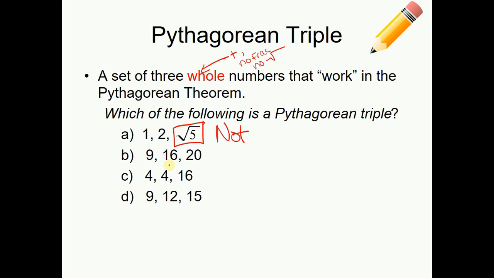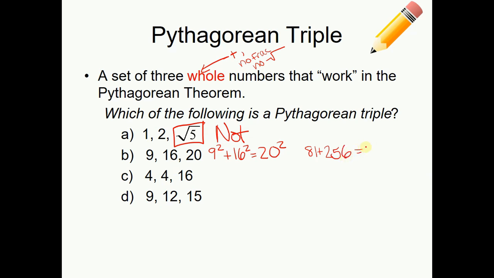So then I got 9, 16, and 20. Let's check to see if it works in the Pythagorean theorem. So 9 squared plus 16 squared equals 20 squared. Now, your largest side is going to be your hypotenuse. That's just the way it's going to work. So 9 squared, that's 81. 16 squared, I believe that to be 256. Yes.